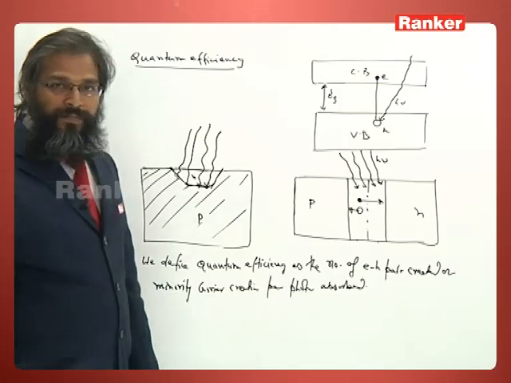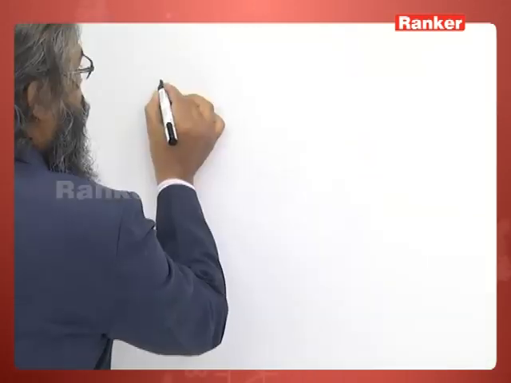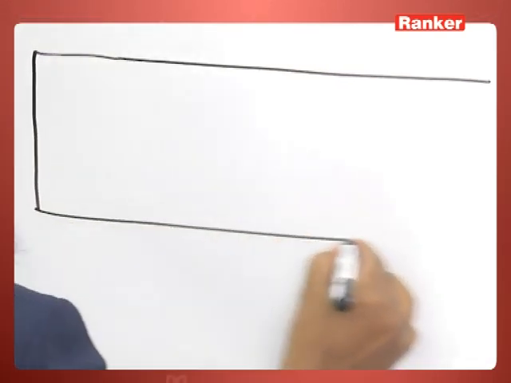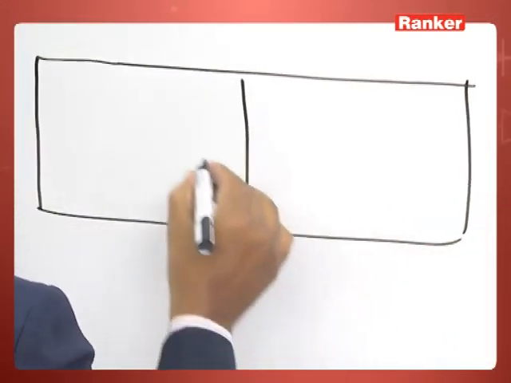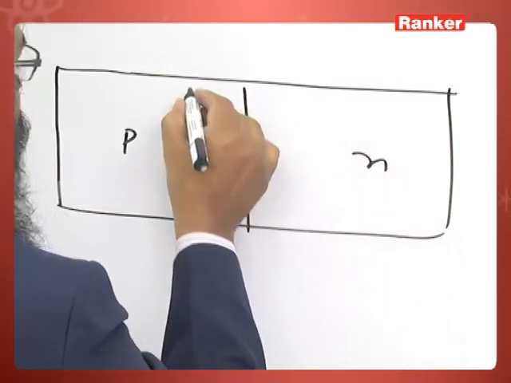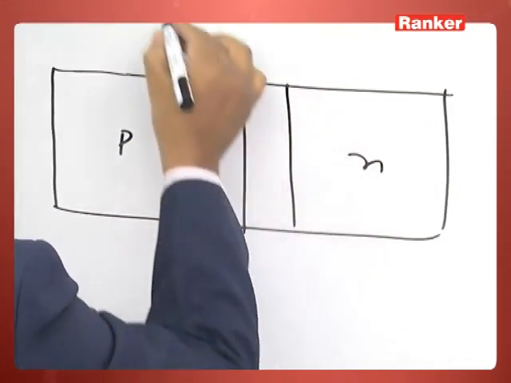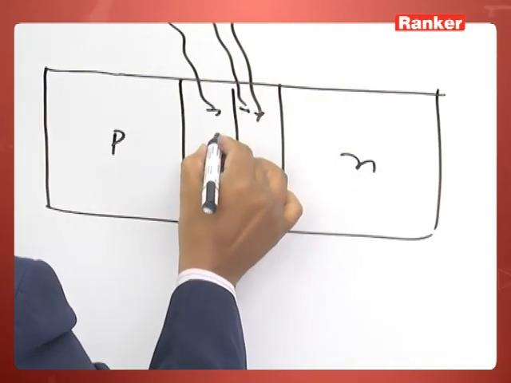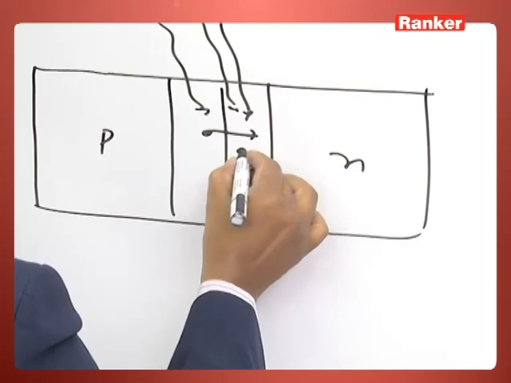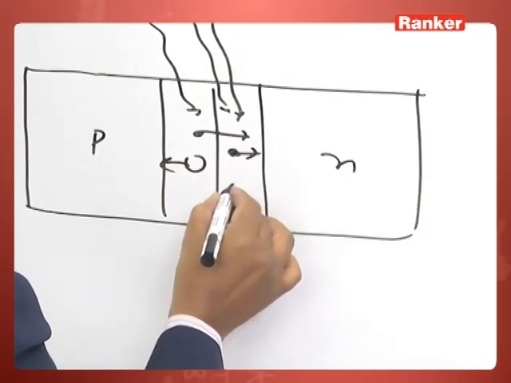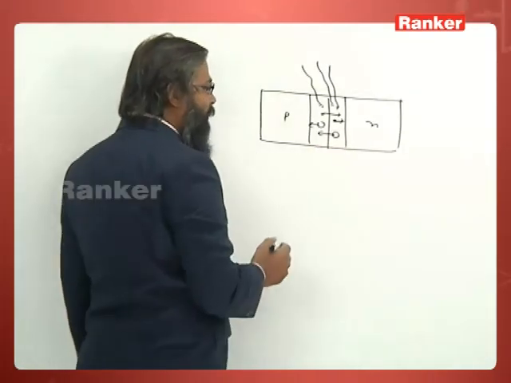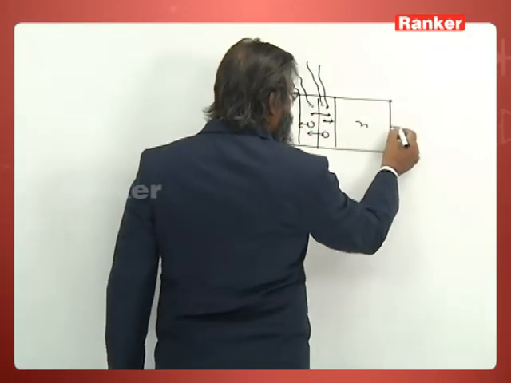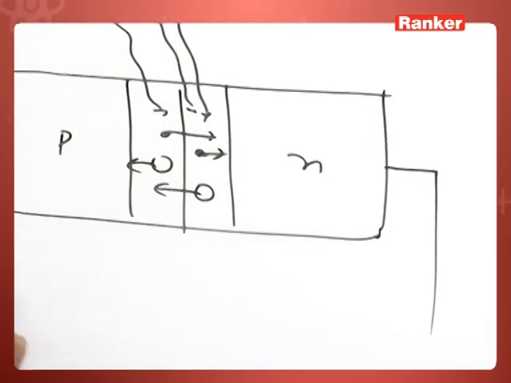Please take down this. So this is our photodiode, and this is the P side, this is the N side. At the depletion layer, this light falls and electrons will be migrating here and the holes will go like this. I am showing only drift motion due to drift charges. Now this photodiode is always reverse connected.